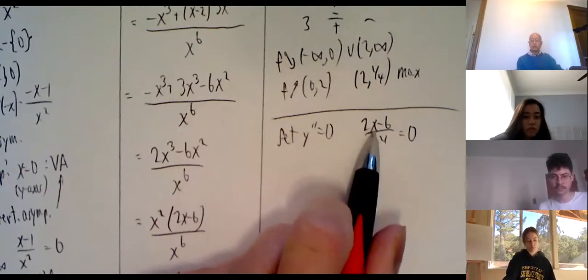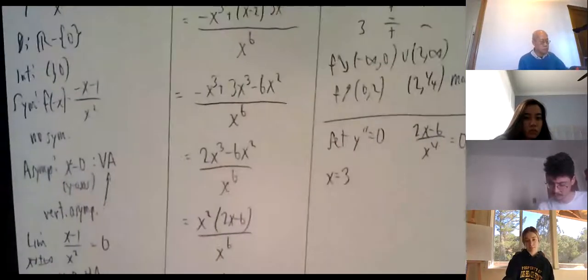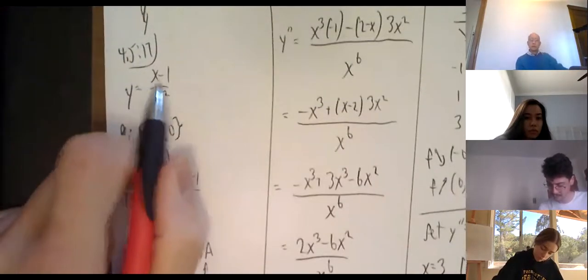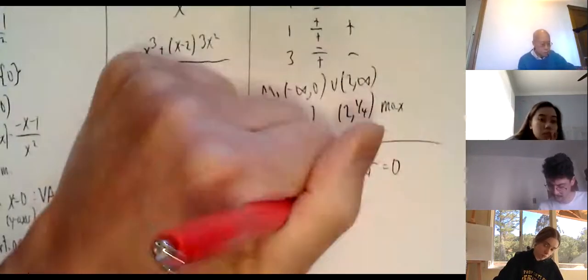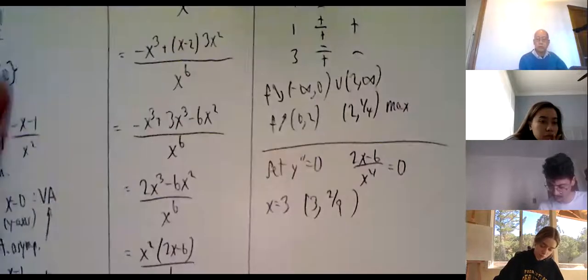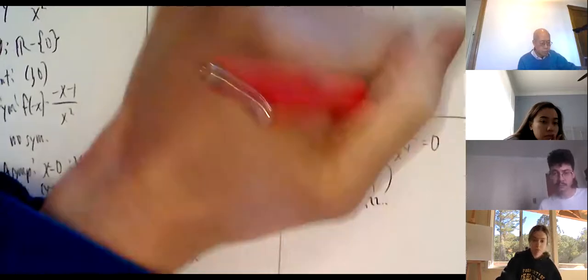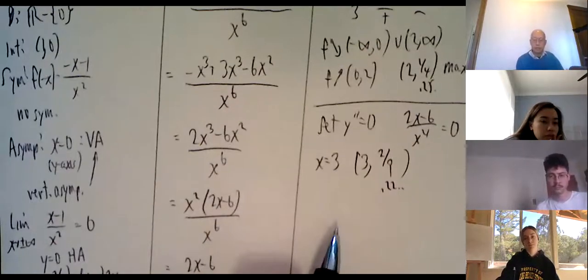What makes the top 0? x equals 3. So the point is (3, 2/9), which is about 0.22. I'll use 0.25 for (2, 1/4) because I'm going to have to plot it in just a second.